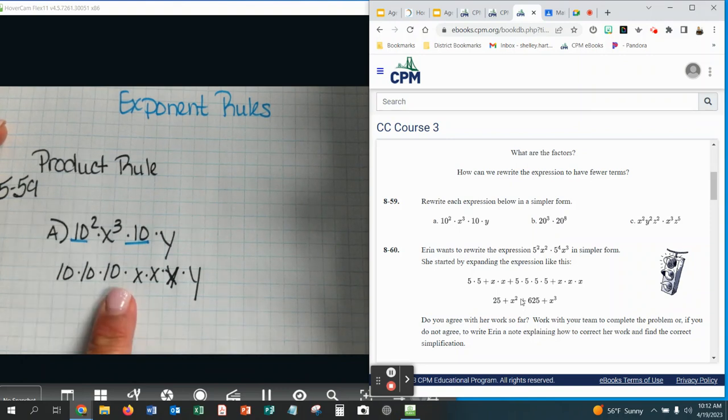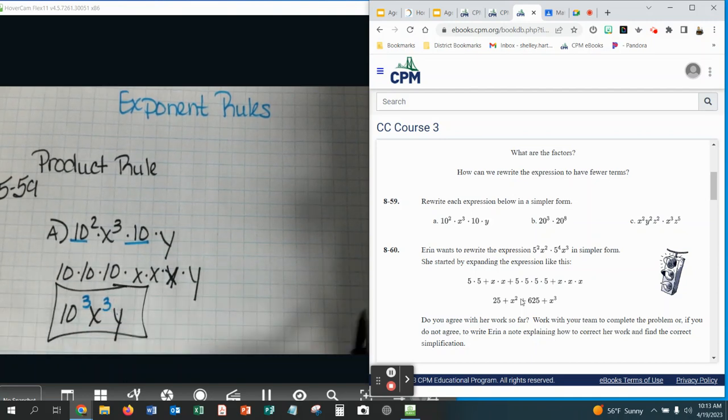So what is this going to be simplified? It's going to be 10 to the third power, x to the third power, and then y. So this is your answer. Okay?